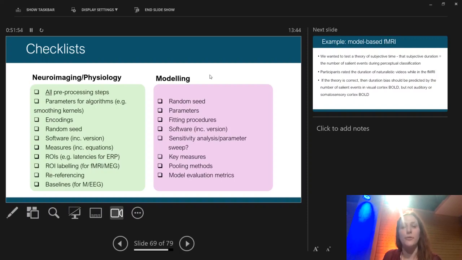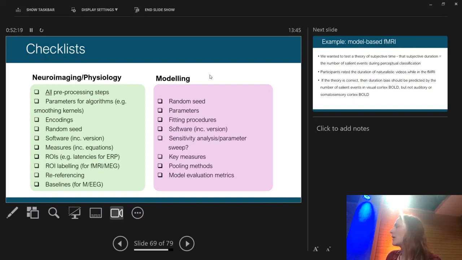For fMRI, that's the smoothing kernel, any encoding, so how you're labeling conditions and any categorical data, the random seed, software, measures, regions of interest, and the labeling of regions of interest for MRI, so which atlas you are going to use. Re-referencing data, baselines, all of this has to go in.